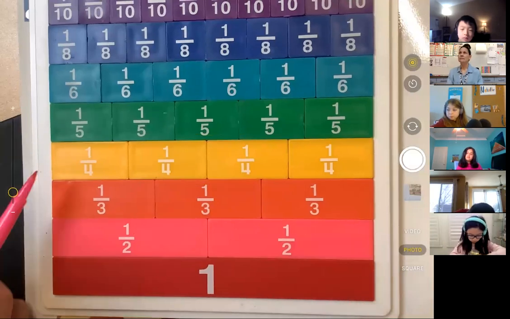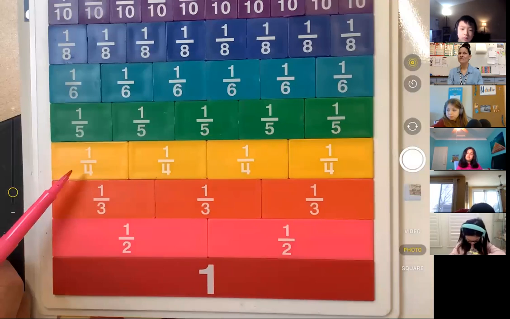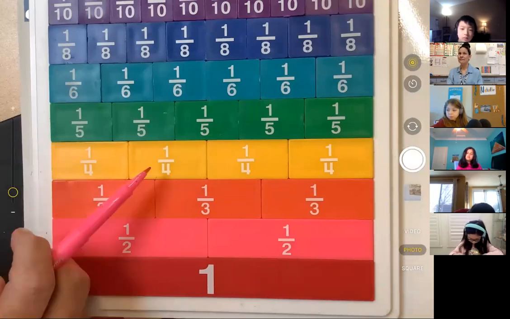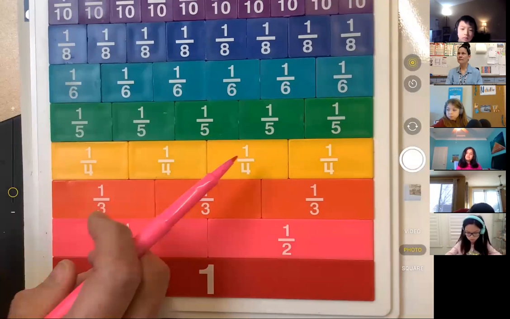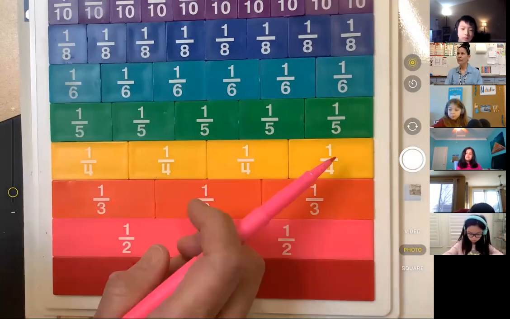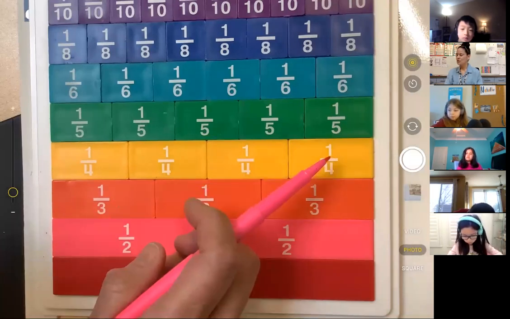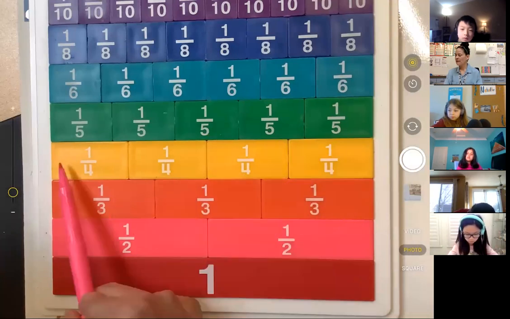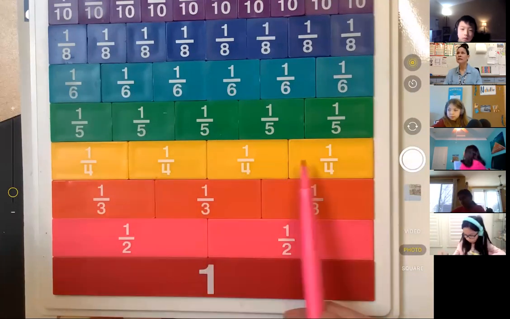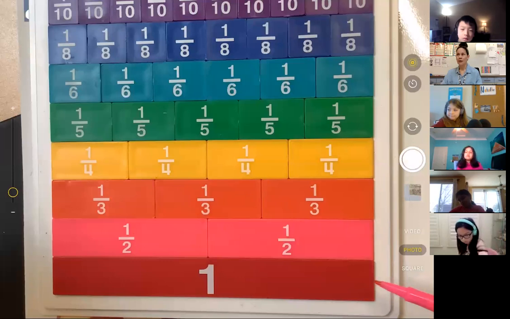Focus on the yellow. Here's a 4th. Here's a 4th. Here's a 4th. Here's a 4th. Notice how all of these together equal 1 pizza.